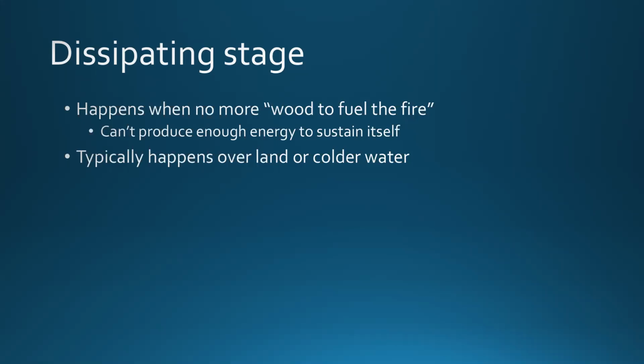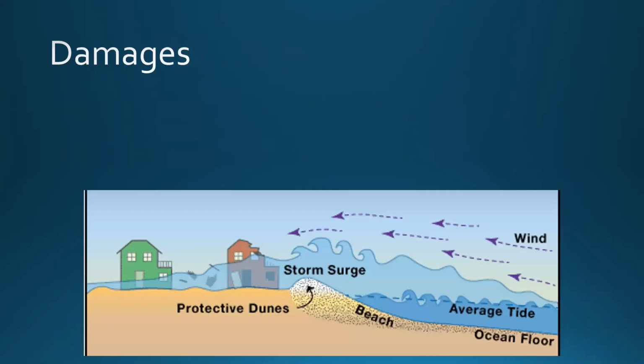So we know that this happens over land because a hurricane, cyclone, typhoon, whatever you want to call it, needs warm, moist air. If it is over land, it's missing the moist component, and if it's over colder water, it's missing the warm heat aspect of it.